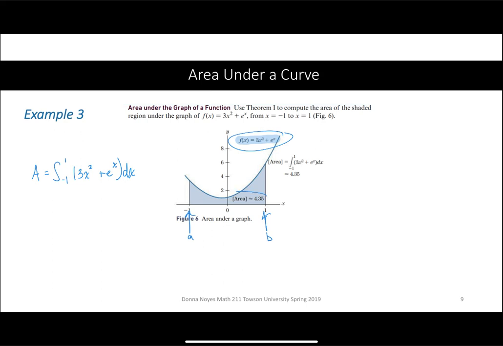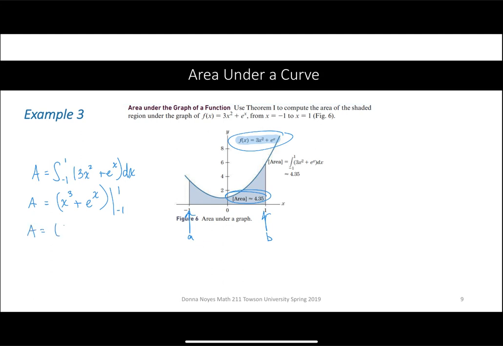And let's see if we get the same area as the one listed on the diagram. So 3x squared came from an x cubed, and e to the x, its integral is just e to the x. And let's evaluate it from -1 to 1.